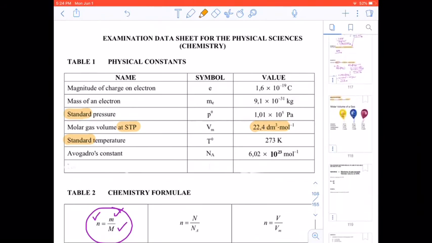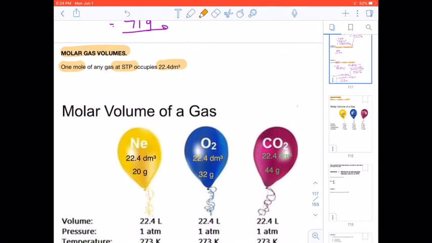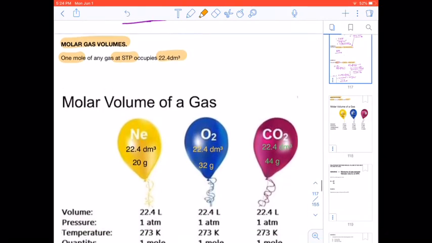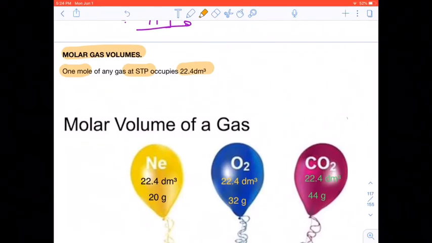Here we have the molar volume of a gas. We're saying 1 mole of any gas at STP occupies 22.4 decimeter cubed. That's what the law, or the principle, says.